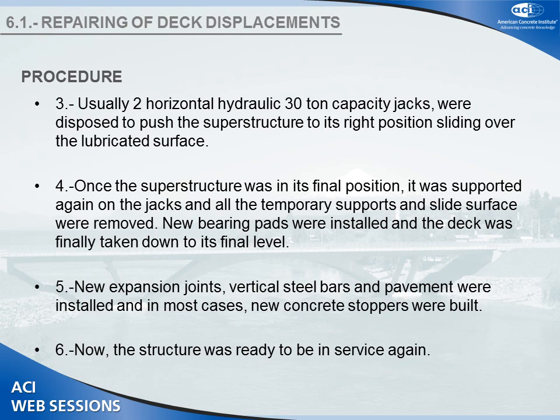Once the superstructure was in its final position, it was supported again on the jacks, and all the temporary supports were taken off, and new bearing pads were installed, and the deck was finally taken down to its final level. Then new expansion joints, vertical steel bars, and pavement were installed, and in most cases, new concrete stoppers for horizontal movements were built. Now the structure was ready to be in service.